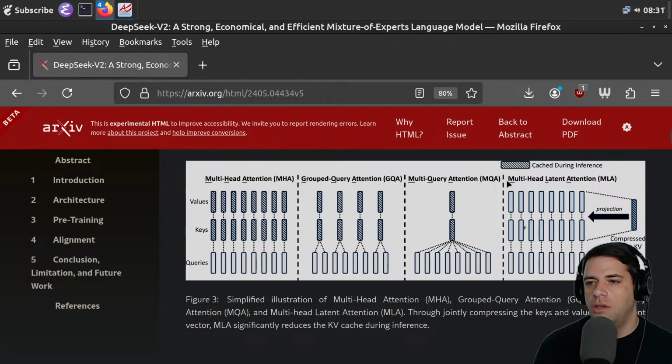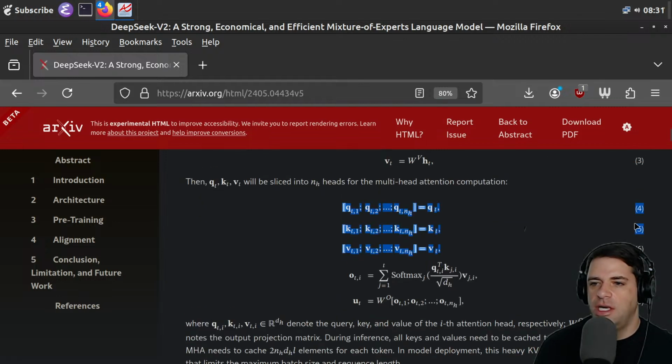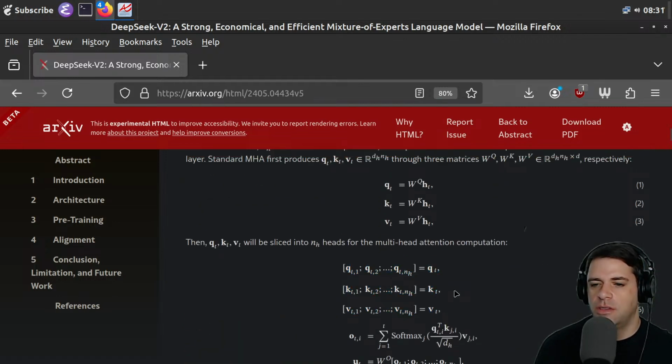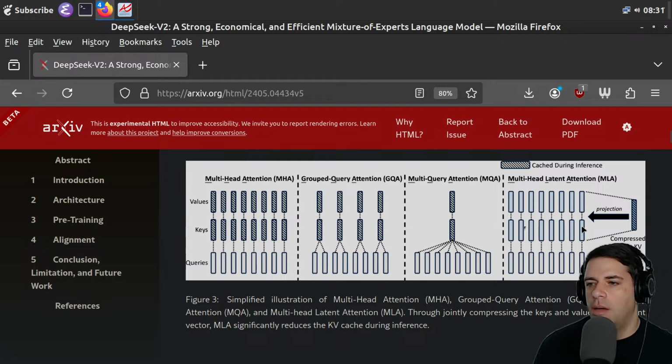And then what DeepSeek is doing, which seems really natural to me, I'm a little bit surprised that nobody else got there first, is they're just compressing the key value stuff. They're compressing keys and values, I think, as a single vector. And then they call this projection. Projection normally goes from the higher dimensional space to the lower dimensional space.